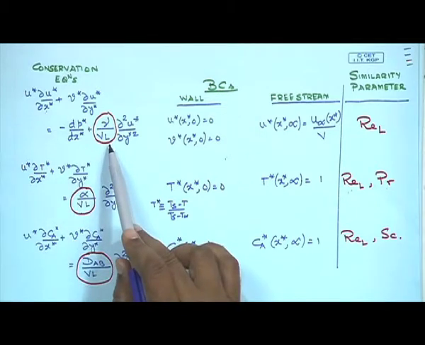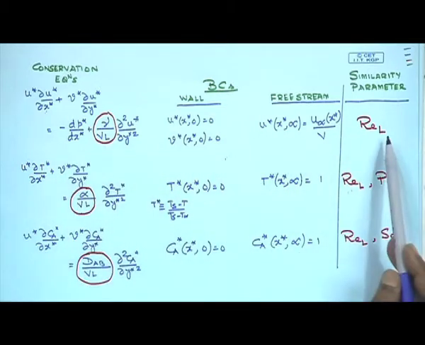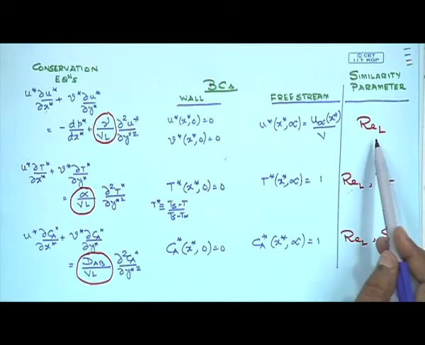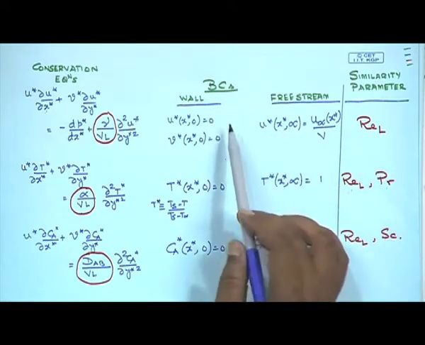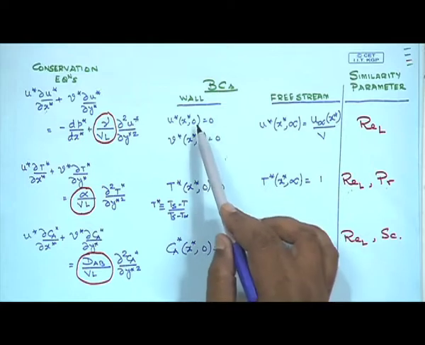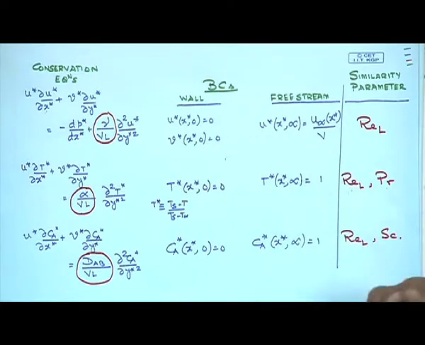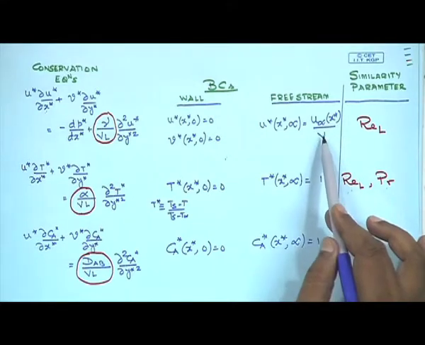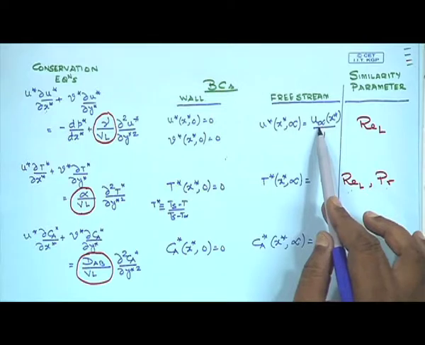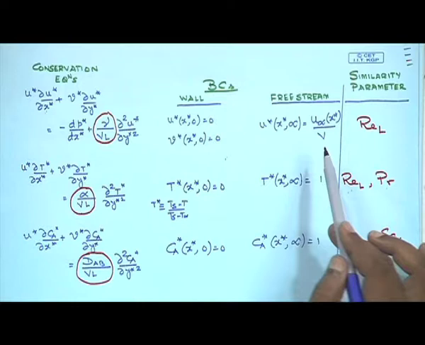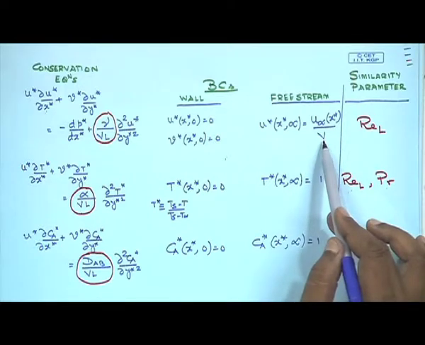And the circled one is the dimensionless similarity parameter, which is Reynolds number. The boundary conditions at wall and free stream are no slip, and the velocity is going to be equal to u infinity by v, where u infinity is the free stream velocity at a given x location, and v is the approach velocity.